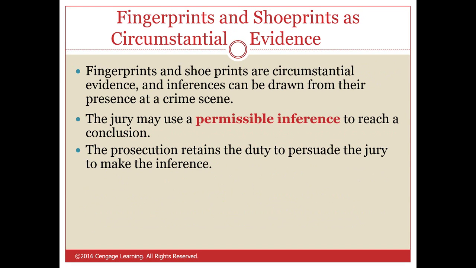Fingerprints and shoe prints as circumstantial evidence. It depends on where they are and what they're used for. That could be direct evidence, or it could be circumstantial evidence, just depending upon the situation. The jury may use a permissible inference to reach a conclusion, and the prosecution retains the duty to persuade the jury to make the inference as well.